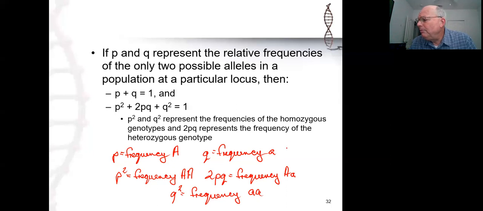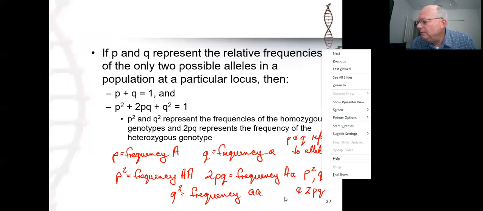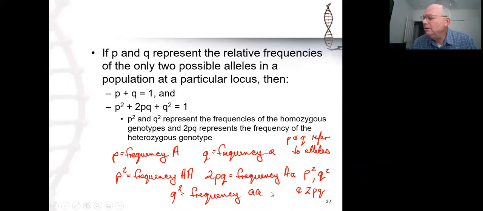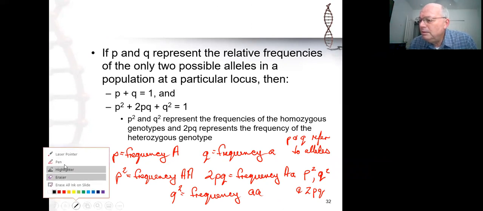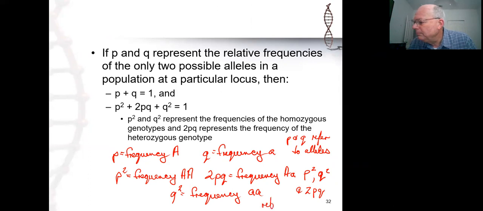So P and Q refer to the alleles, while P squared, Q squared, and 2PQ refer to individuals.